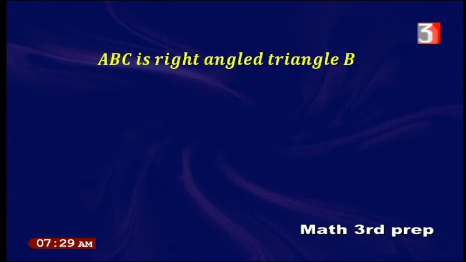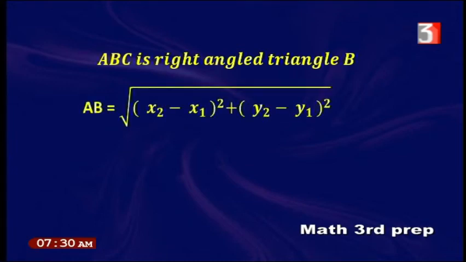To find the area of such a triangle, we must find the base and the height of the triangle, as the area of a triangle is half times its base times its height, and the base and the height must be perpendicular. So we are going to find the length of AB, which is the square root of x2 minus x1 to the power of 2 plus y2 minus y1 all to the power of 2.